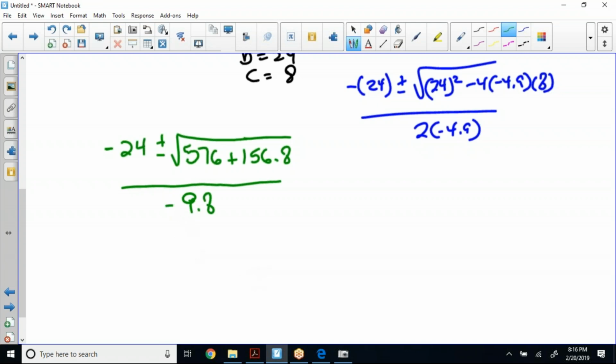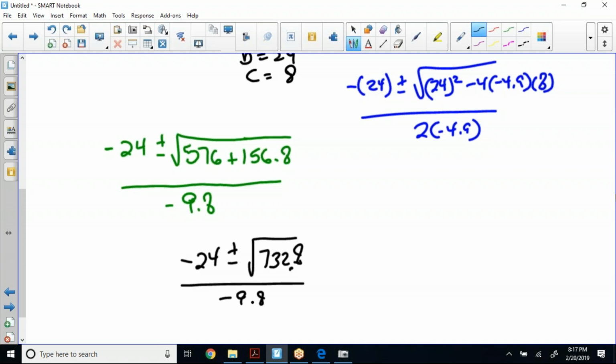Nope. No, you're right. Sorry, my bad. That's going to give me negative 24 plus or minus the square root of 732.8 over negative 9.8.